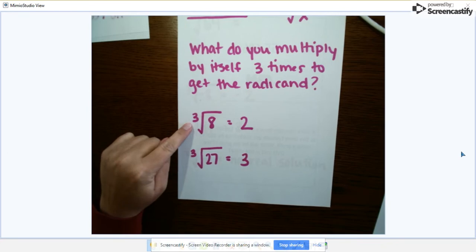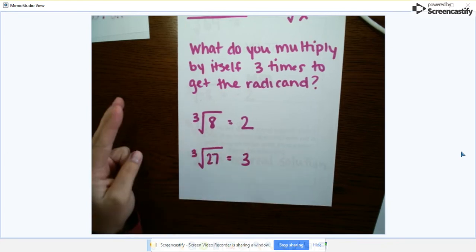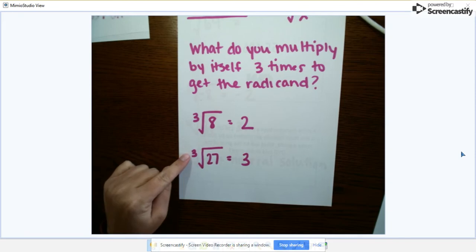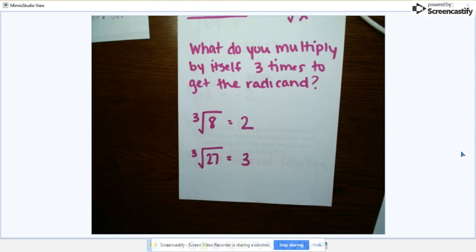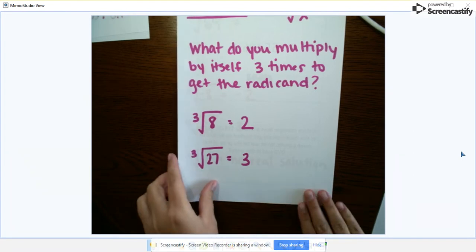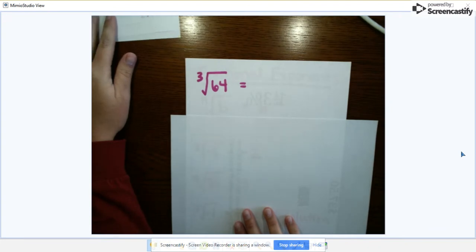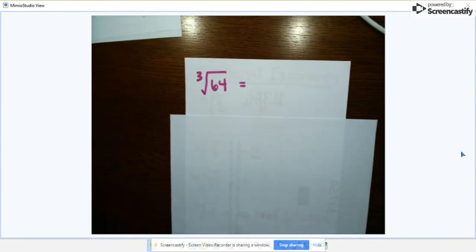The cube root of 8 is 2, because 2 times 2 times 2 gives me 8. Similarly, the cube root of 27 gives me 3, because 3 times 3 times 3 is 27. I'd like you guys to try to figure out, what is the cube root of 64?